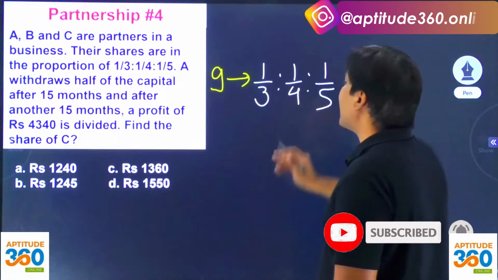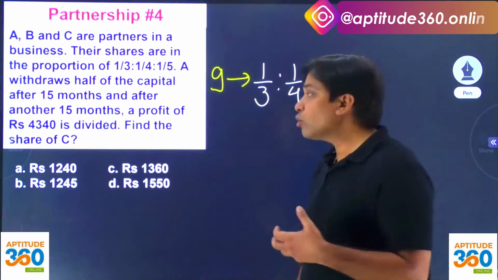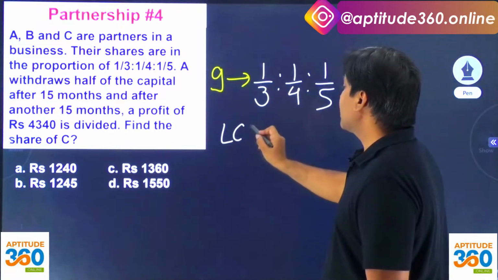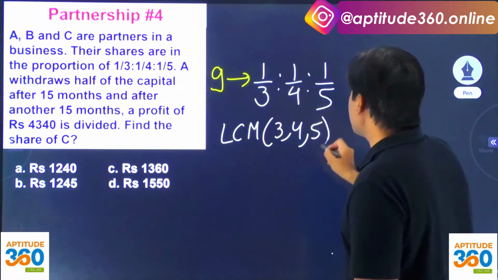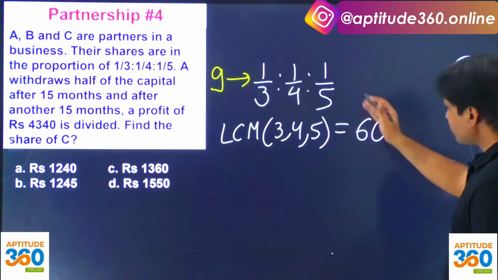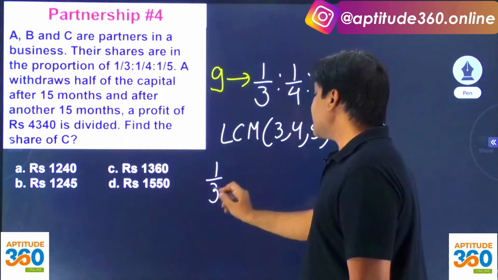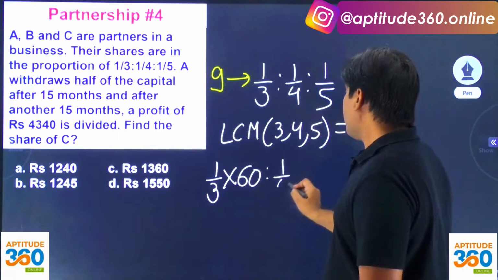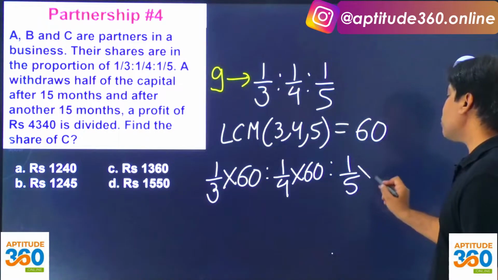So in video number 5 of ratio and proportion, I have simplified as to how you can take the LCM of the denominators. If you take LCM of the denominators, which is coming out as 60, you can very easily simplify them. You can multiply all these by 60, and the denominators will be gone, because we don't want to deal with fractions.